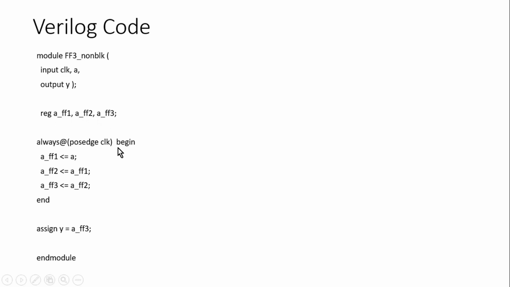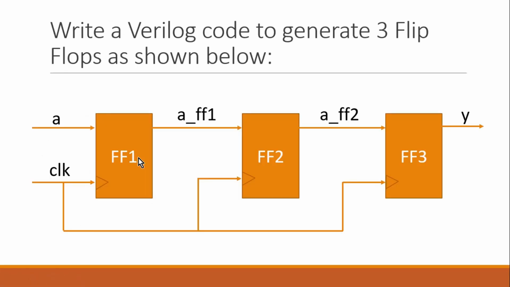Always at the positive edge of the clock begin A_FF1 <= A. Similarly, A_FF2 <= A_FF1. A_FF3 <= A_FF2. So this is going to yield 3 flip-flops as required in this question.